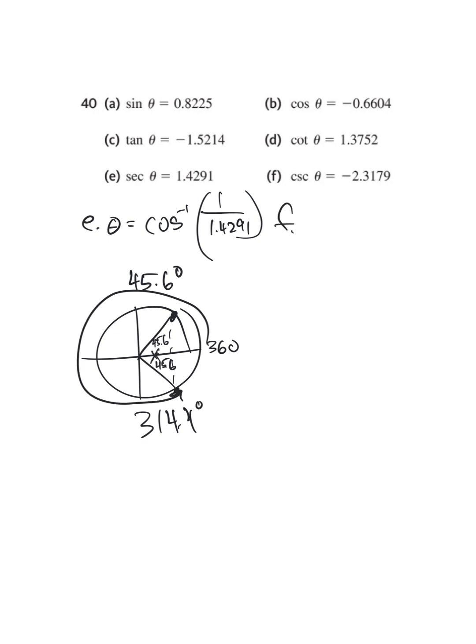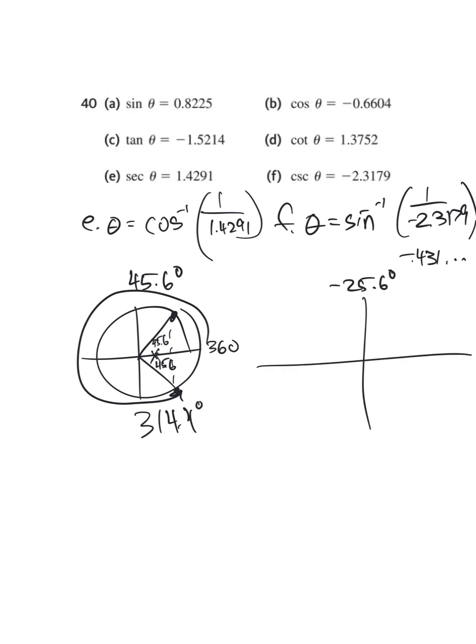Now F, cosecant goes with sine, so instead of saying 1 over sine, we will say 1 over negative 2.3179. So use your calculator, 1 divided by a negative 2.3179, and you get a negative 0.431. Take the arc sine of that, and you get negative 25.6 degrees.